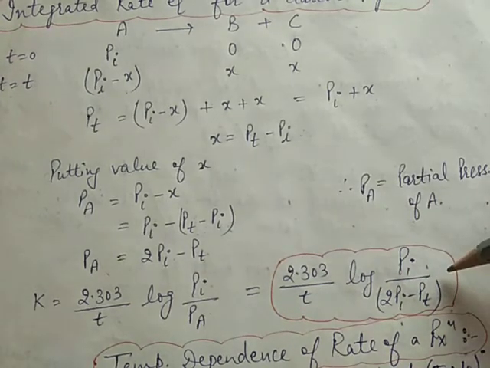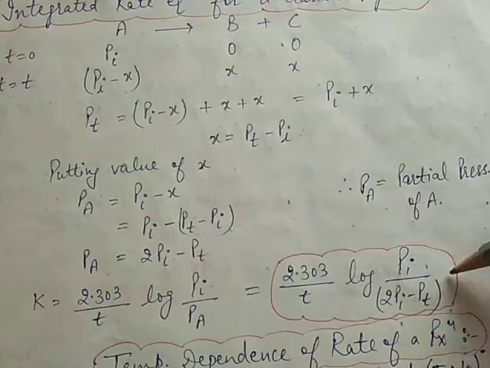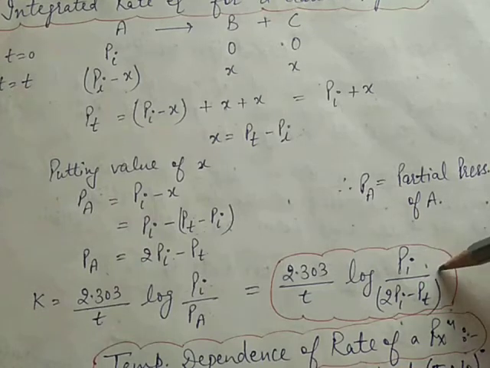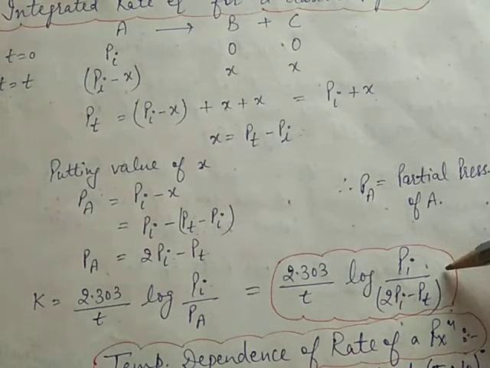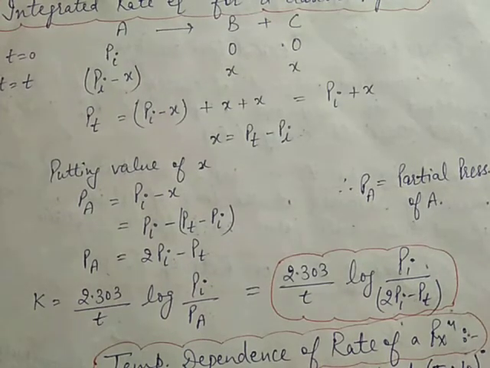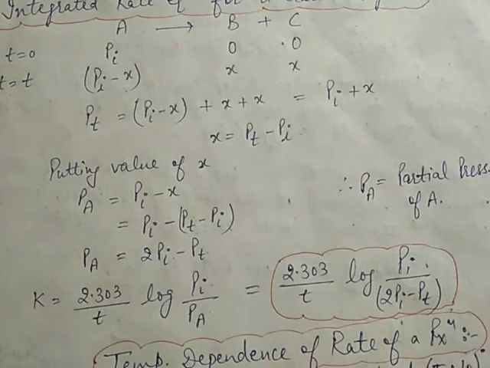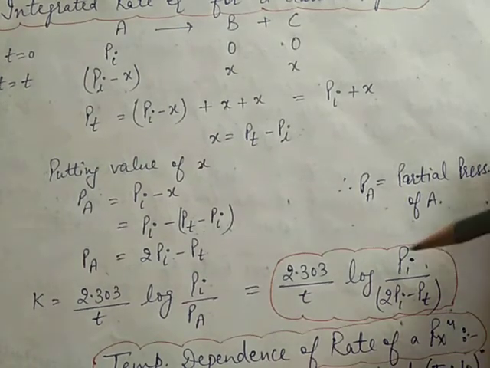So this is the formula of the integrated first order reaction for a gaseous system. This formula is applied only in the case of numericals. If the pressure is given in numericals, we can use this formula.